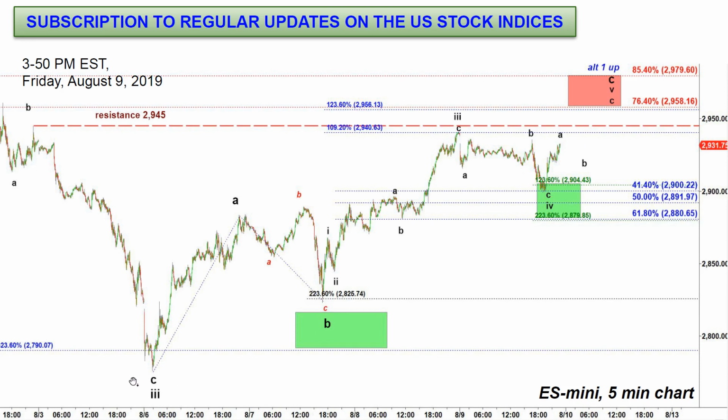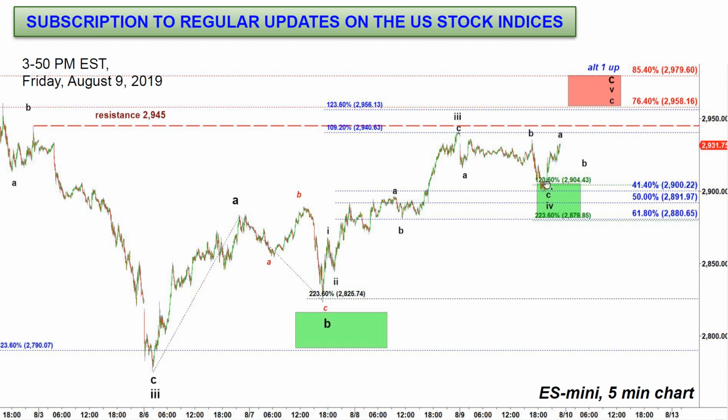So here you can see my count which I started on Tuesday morning. And here you can see we, with my subscribers, successfully bought the drop, 223.6 extension, successfully nailed the bottom. So we bought many triple ETFs here, somebody bought call options. So it was a great trade when we immediately get a bounce.